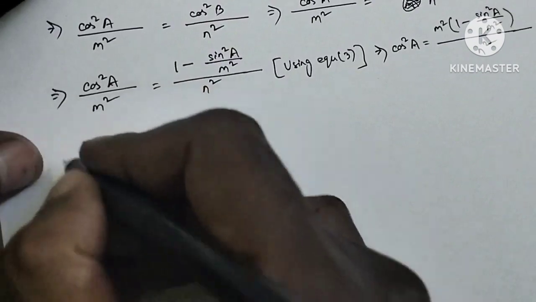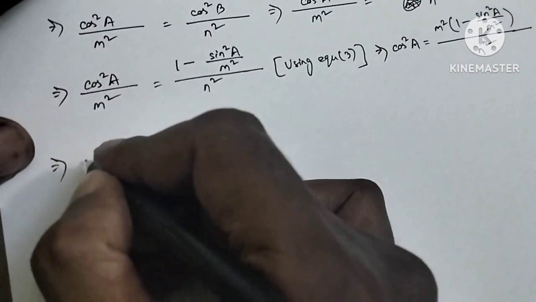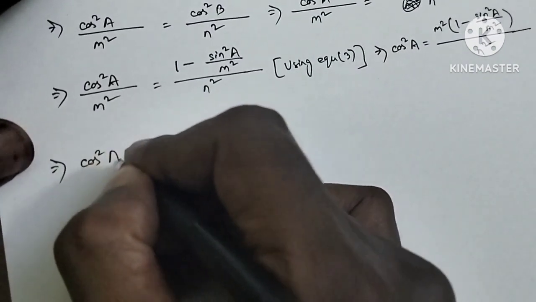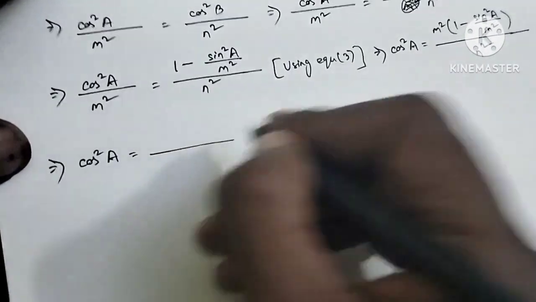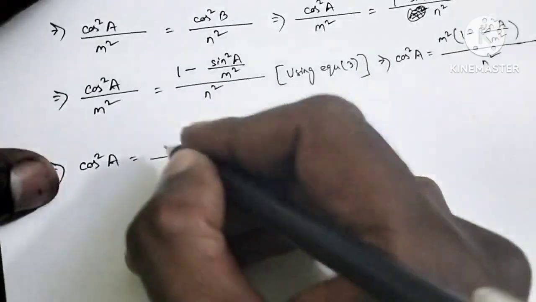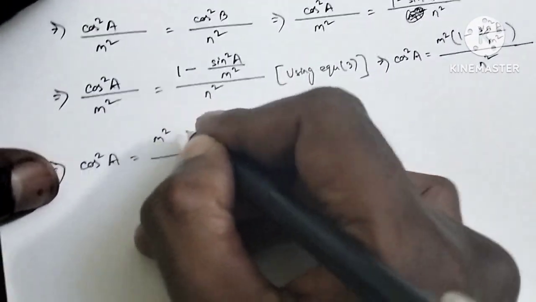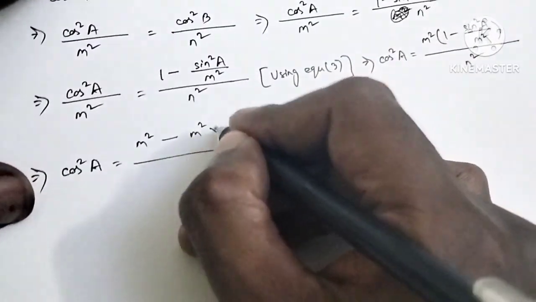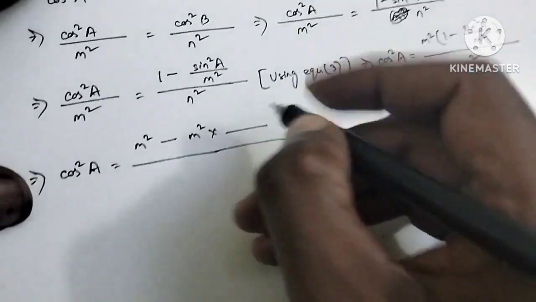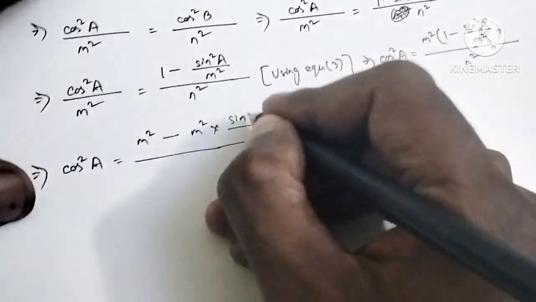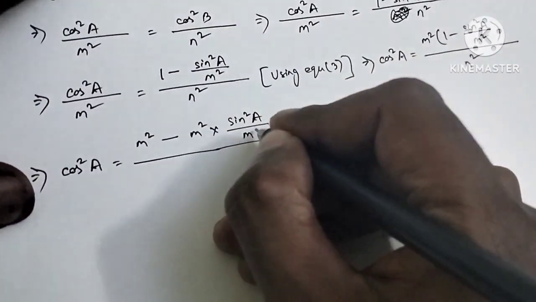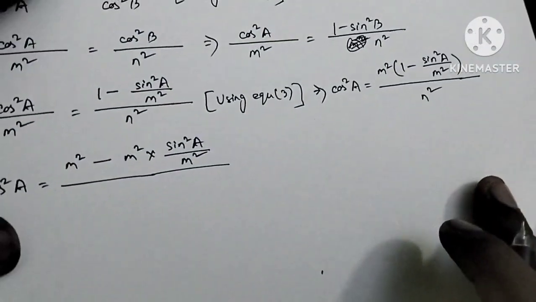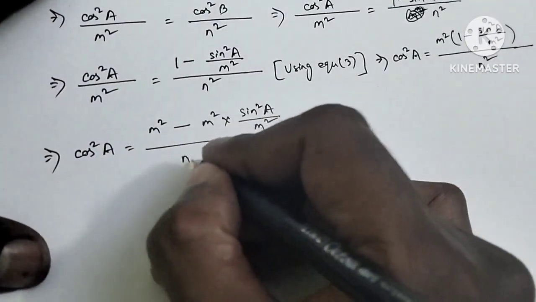So now we will do cos square A is equal to m square into 1 will be m square minus m square into sin square A by m square, right, whole divided by n square.